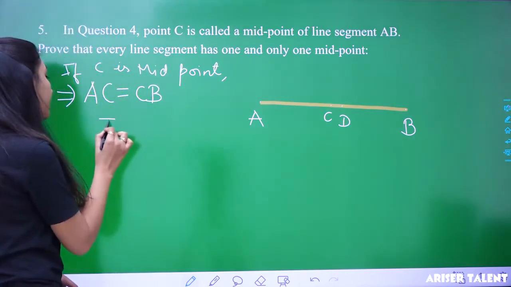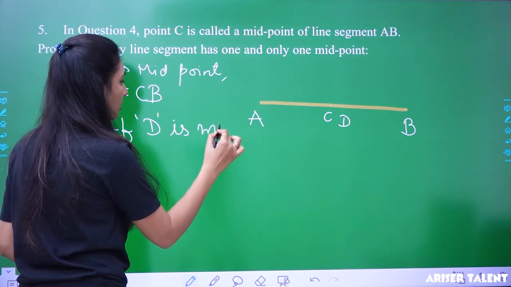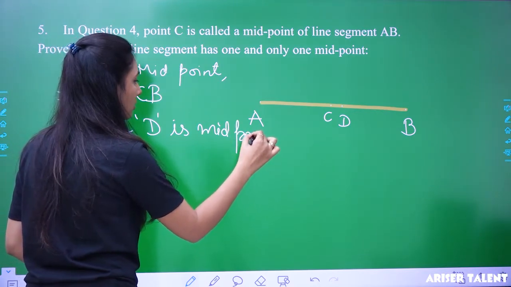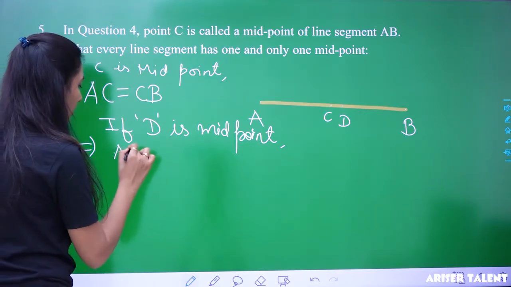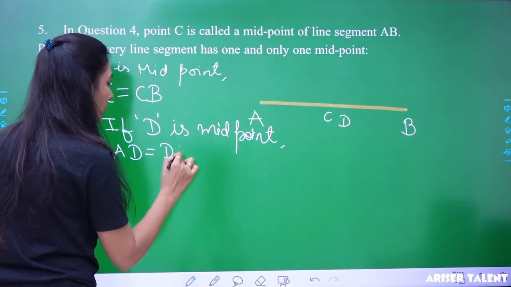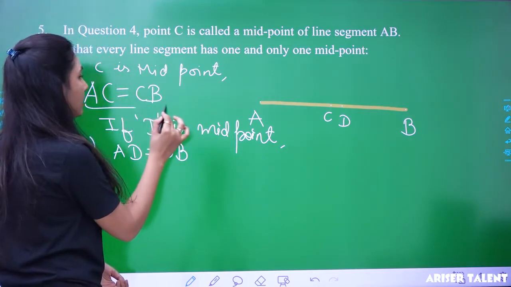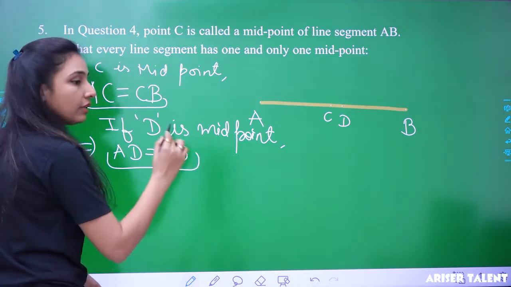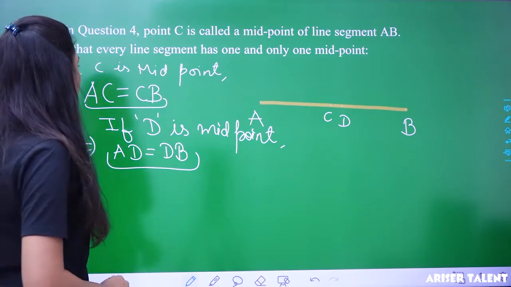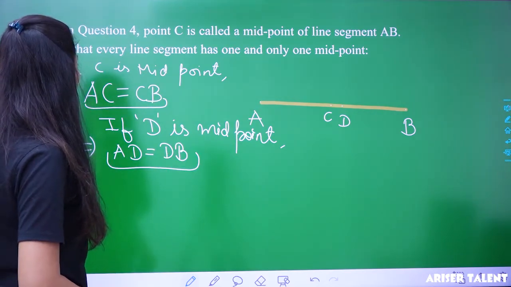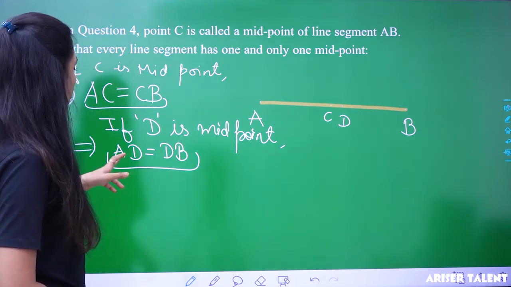Let us assume that there is another point D here, which is also a midpoint. Now, if D is the midpoint, this implies that AD equals DB. In the first case, AC equals CB. In the second case, AD equals DB.